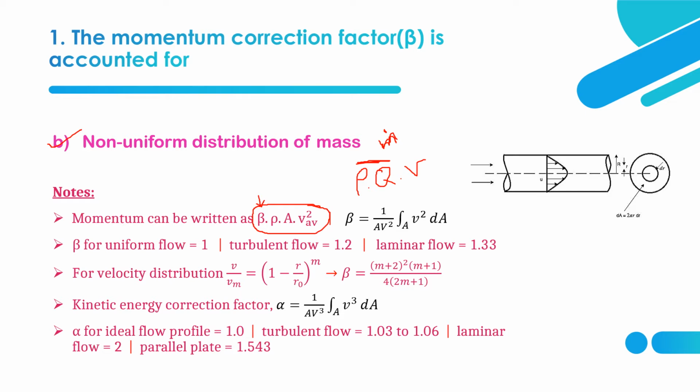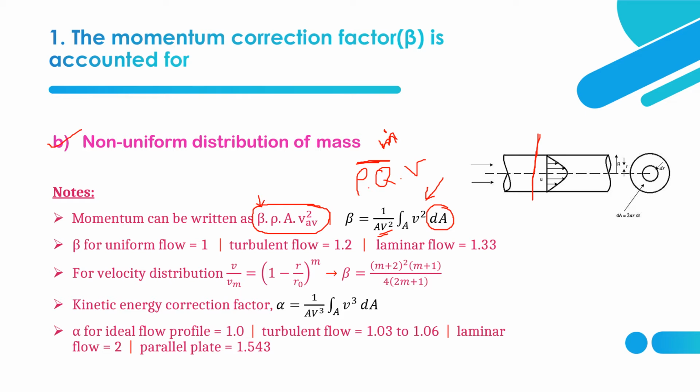The momentum correction factor is given by this formula: beta is equal to 1 by A V square times the integration of v square dA. Capital V represents the mean velocity over the total cross-sectional area, and small v represents the velocity over the elemental area dA.